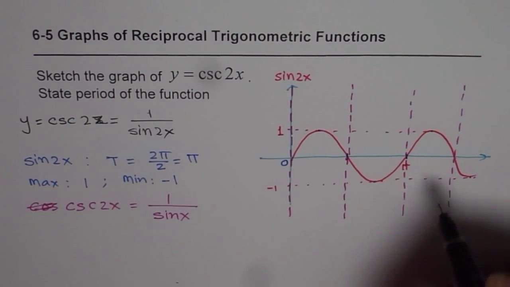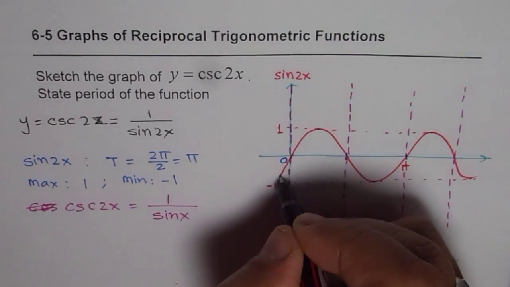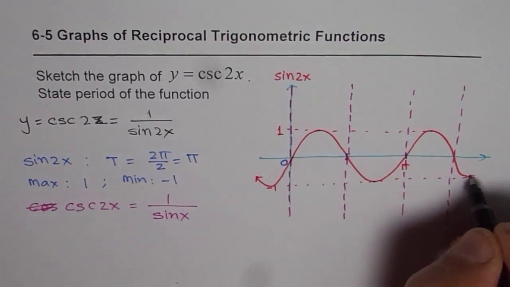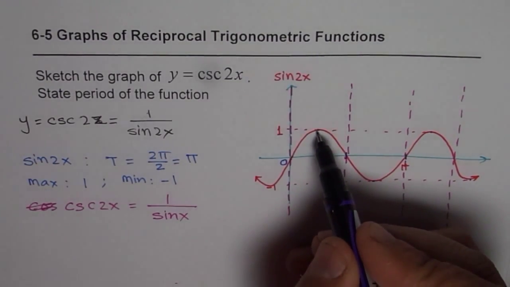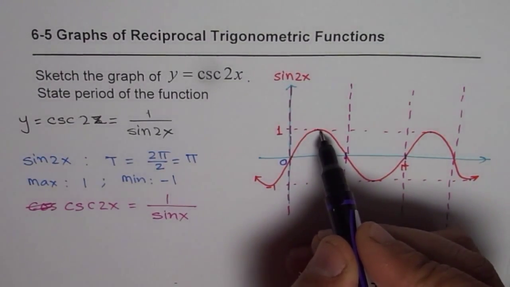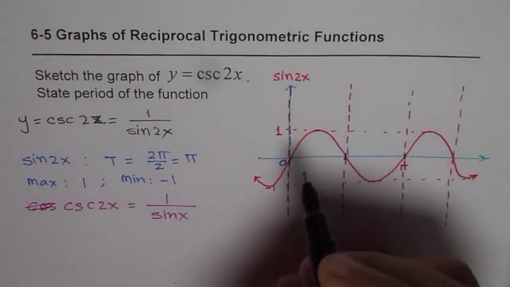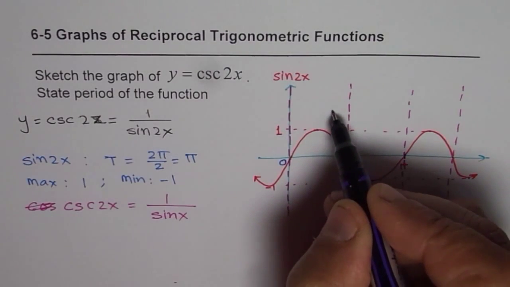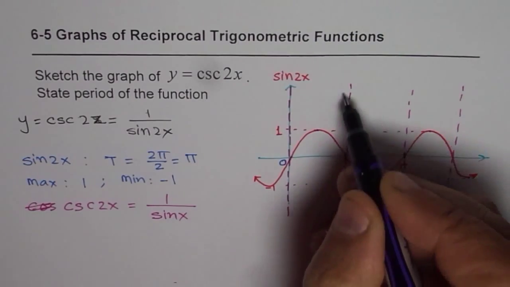It's a periodic function, so actually I should have continued like this. Let me draw an arrow here to show you that this is a periodic function which repeats. Now, as the value of the function decreases, let us say goes from 1 towards 0, the reciprocal will increase, right? The reciprocal of a half will be 2, of 1/3 will be 3, of 1/10 will be 10.